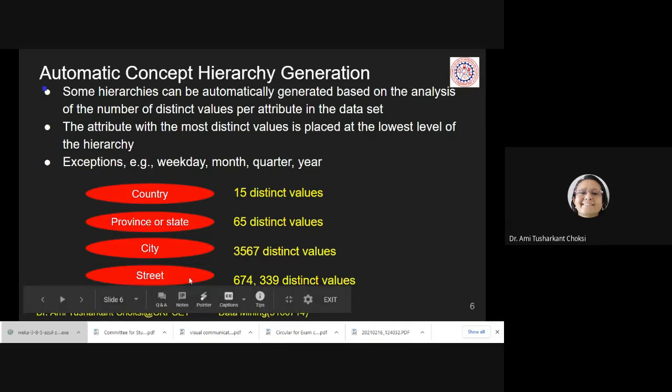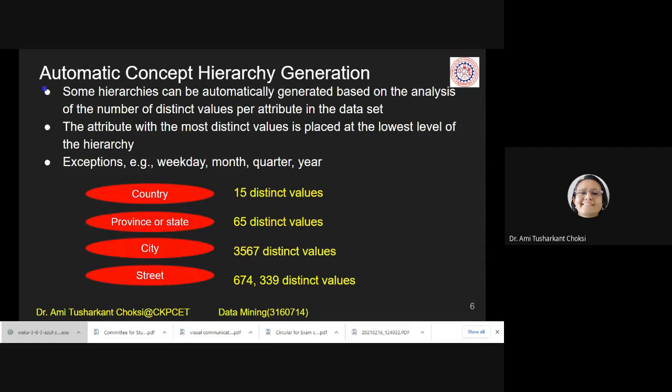Now, if we consider country, state and city, which one has the most distinct values? That is 3567. So we'll put it at the lowest level among country, state and city, right? Now these two are built. Let us consider the remaining two. Country and state, which has the most distinct values?